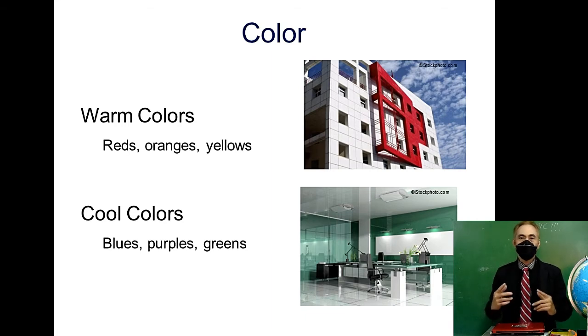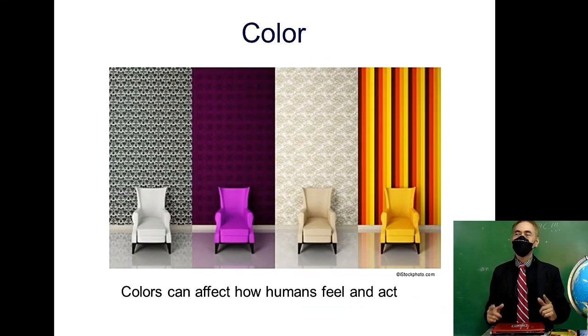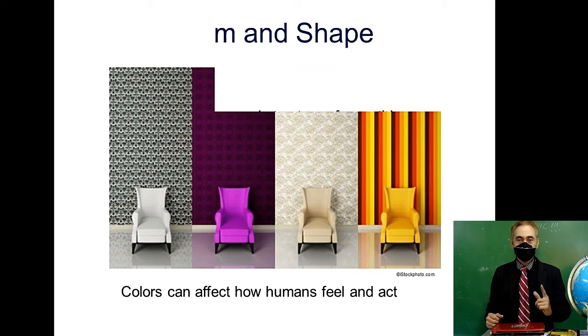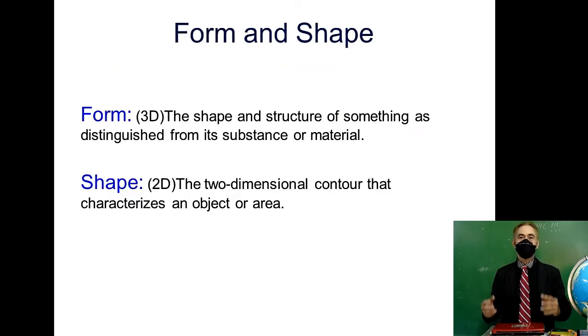Cool colors like blues, purples, and greens have a soothing effect or calmness. Color can affect how humans feel and act by looking at each color. Each person has his or her favorite colors.